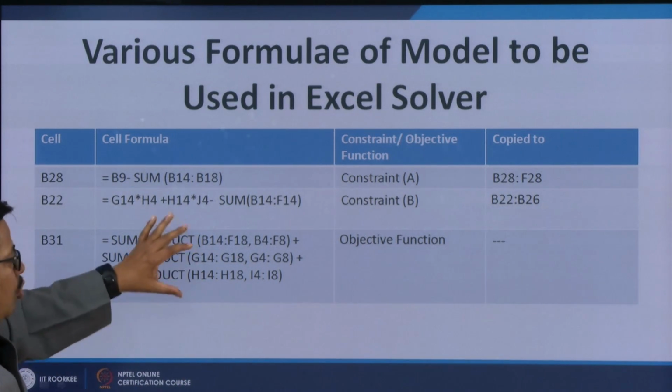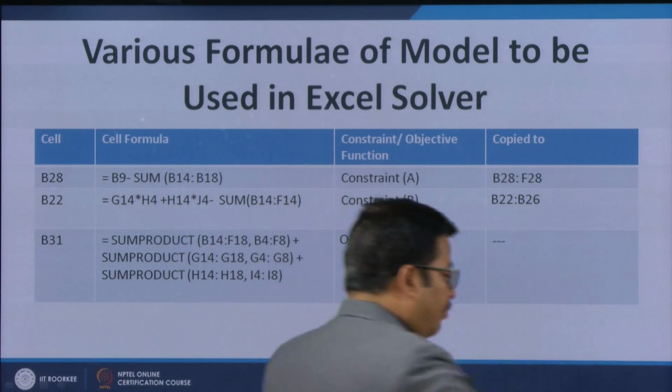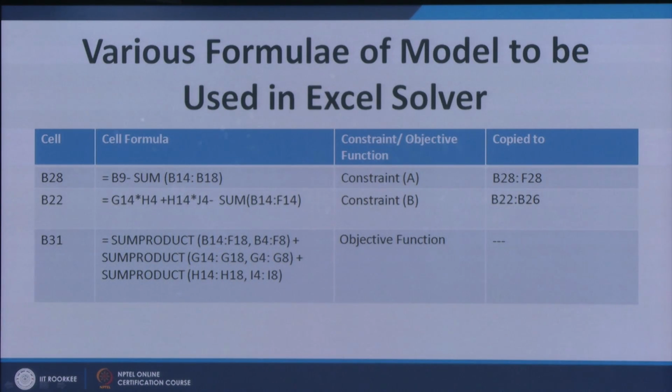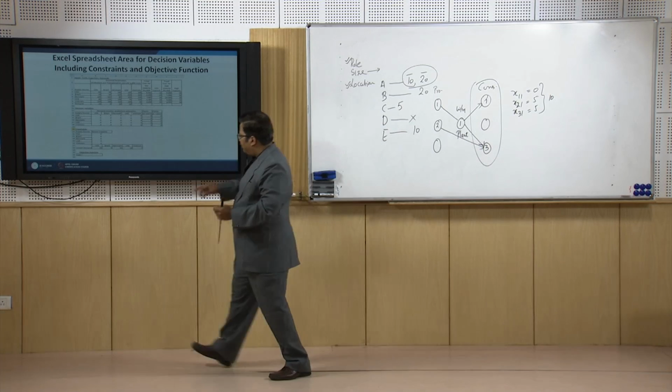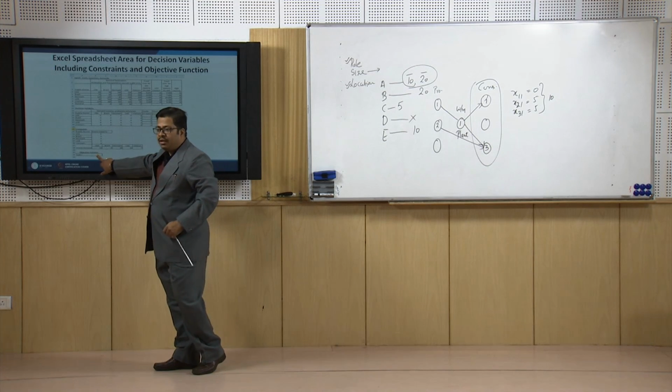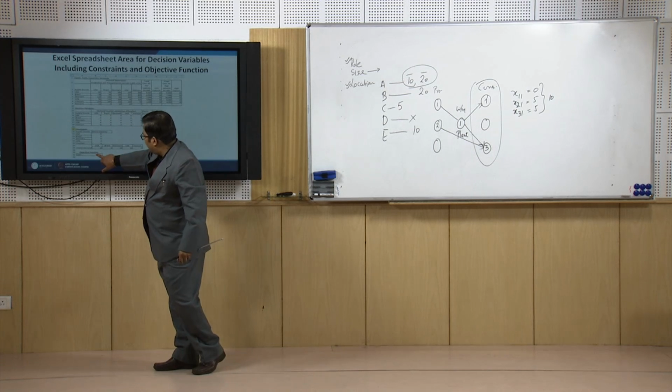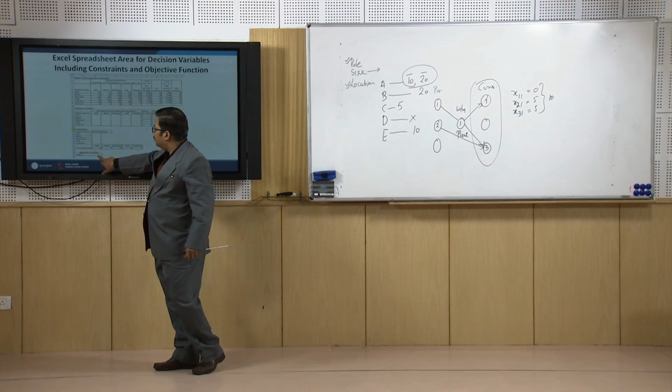That is the overall cost, and this is my objective function which I want to minimize. This is the place where I will put the formula for my objective function, in cell B31.